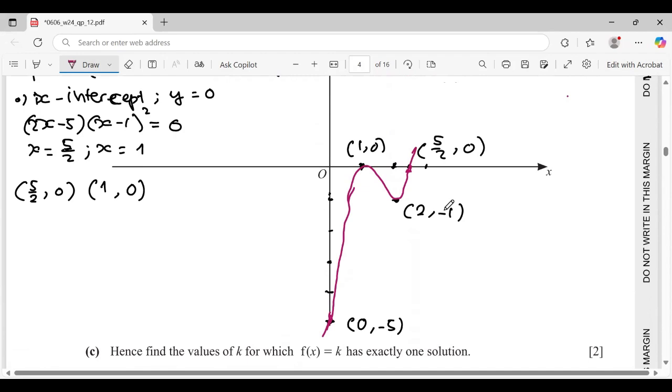The first, when k is less than minus 1, from this point downwards, this graph only intersects at one point. It means it has only one solution. And after that, when k is greater than 0, this graph only has one solution, as it goes upwards.